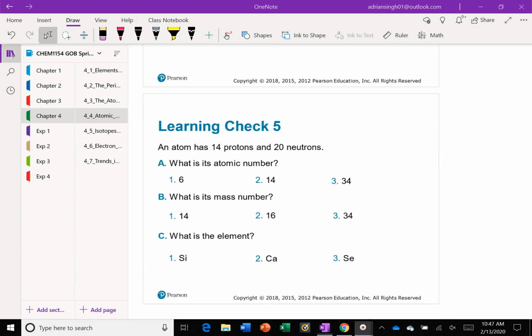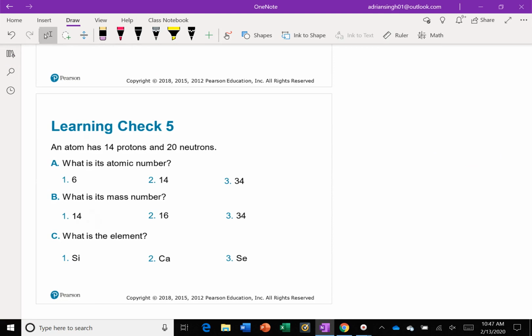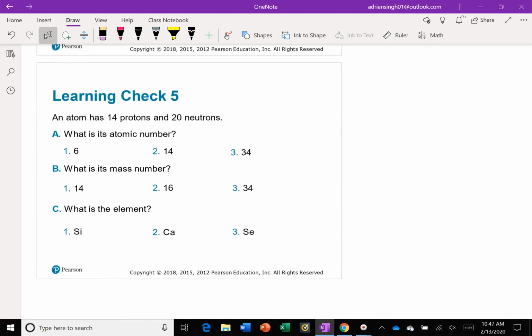Then the last one I wanted to go through with you is if you're going in the other direction. So let's say now you're told that an atom has 14 protons and 20 neutrons. So remember the number of protons is the atomic number. These are the same. They're just different ways to represent the same number.